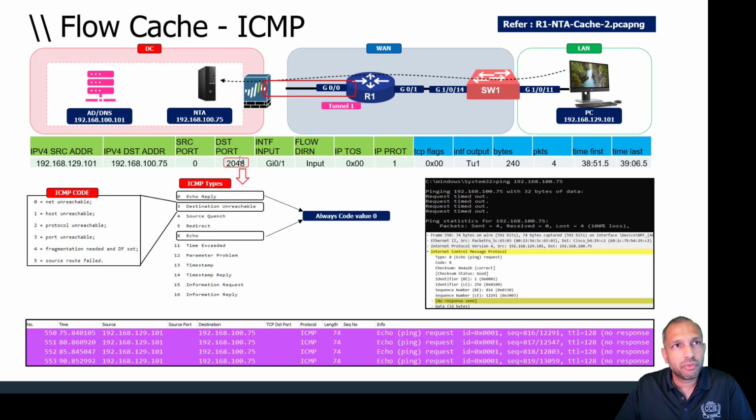Now if you want to understand what destination port 2048 translates into, you need to work out the hex value. This is the decimal value 2048. If you convert it into hex, it will be 800, so that means 0800. This is how the encoding goes. The first two digits reflect the type value. The second two reflect the code value.